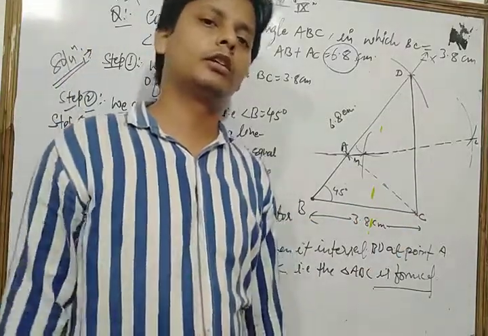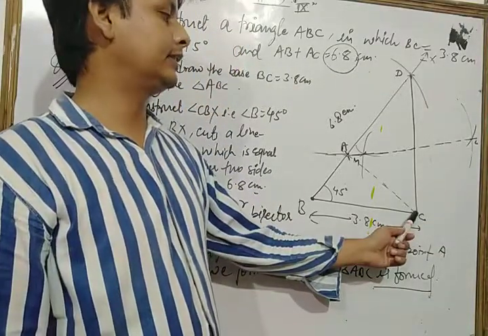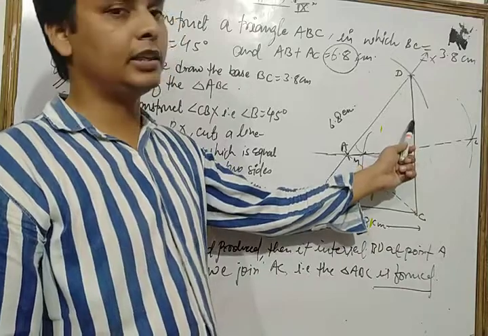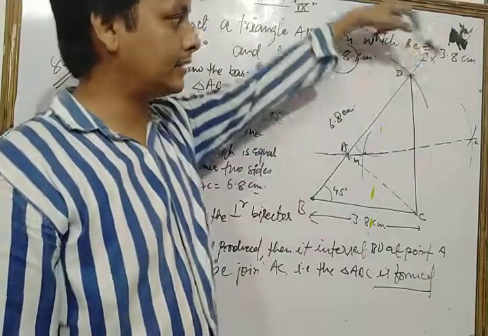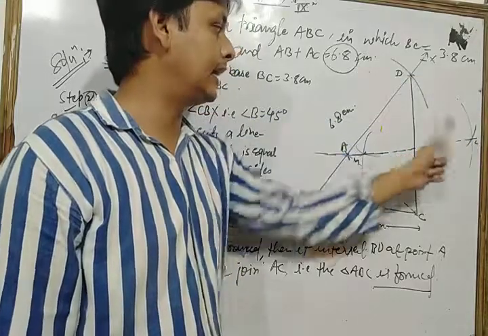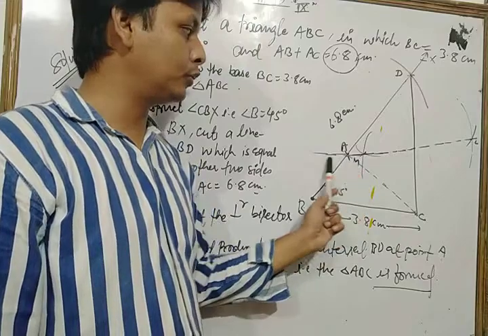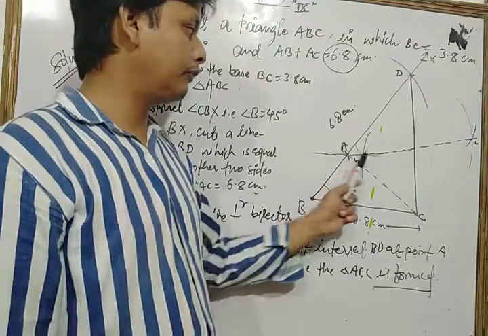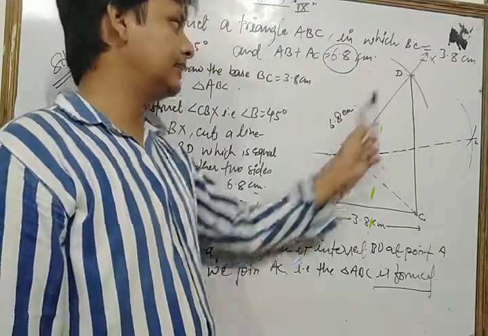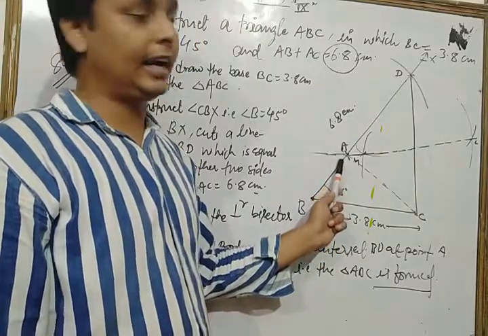In order to construct the perpendicular bisector of any line segment, first of all we take C as center and distance more than half of CD and cut the arc. At the same distance, taking D as center, we cut the previous arc at two distinct points L and M respectively. Now we join the line LM and produce it to some distance. If we produce LM, it intersects the line segment BD at point A.